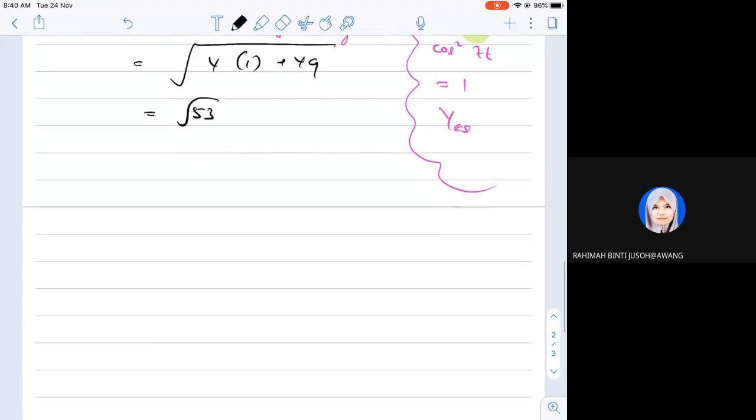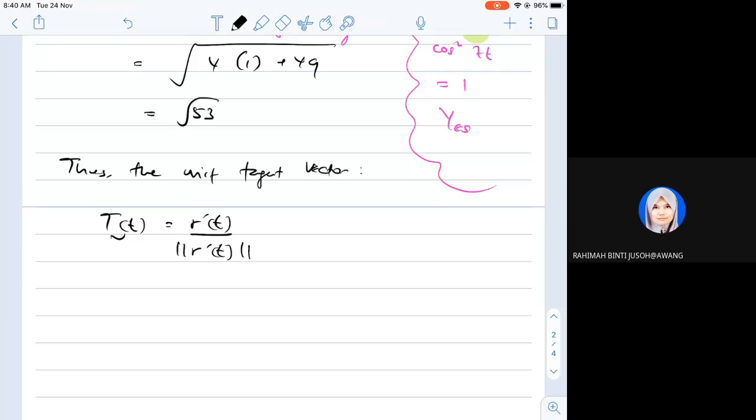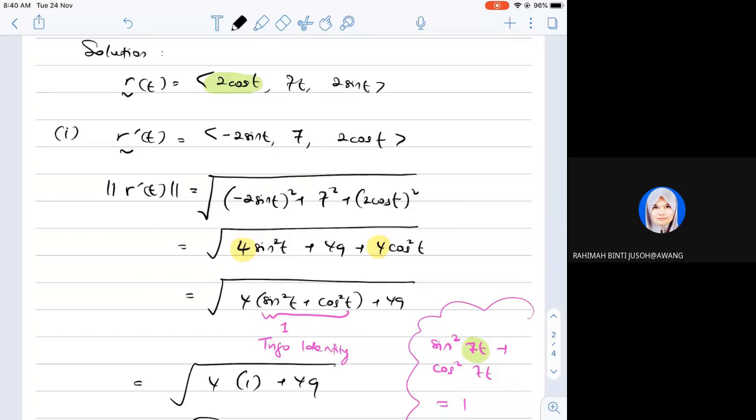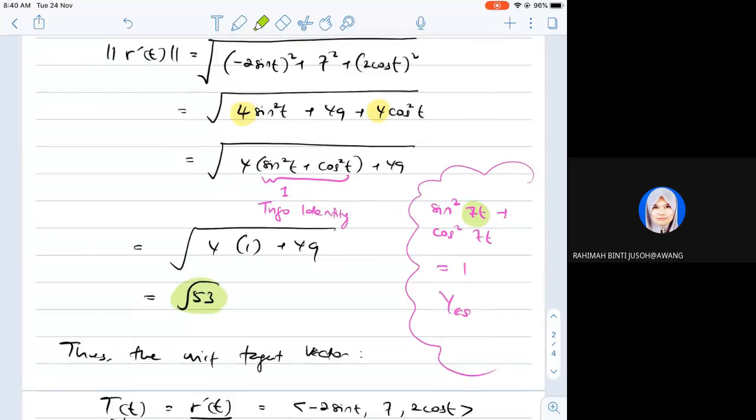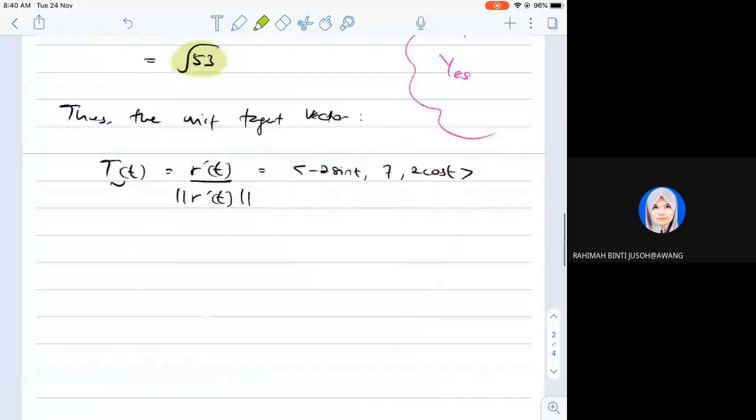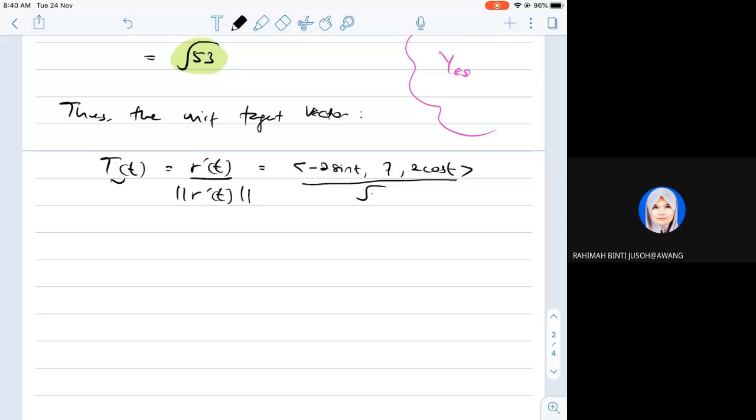So now, the unit tangent vector equals r prime t divided by the magnitude of r prime t, which is negative 2 sin t, 7, 2 cos t, divided by the square root of 53.